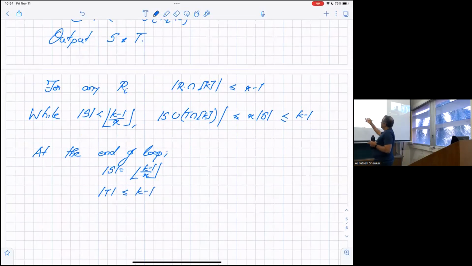T can have at most R times, each time you're adding only R times the size of S, therefore T is at most R times size of S, which is certainly less than or equal to K minus 1. So you have ended up with this.